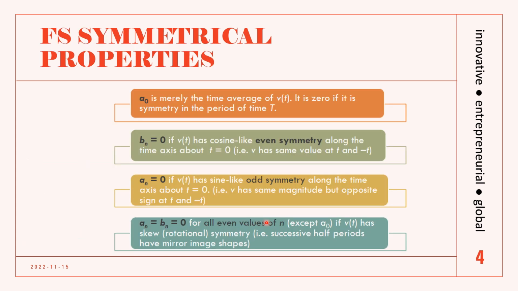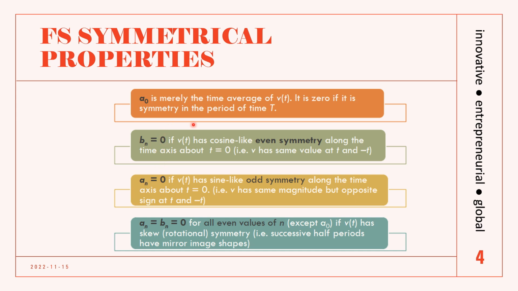So now let's go further. In this slide, you need to identify the properties of the signal. There are two properties: the signal is either even symmetry or odd symmetry, or it can also have a skew rotational symmetry. How to identify these properties is based on whether some of the values are zero.